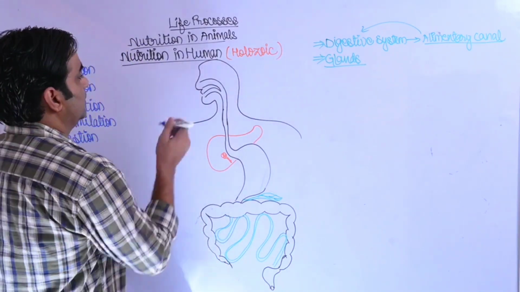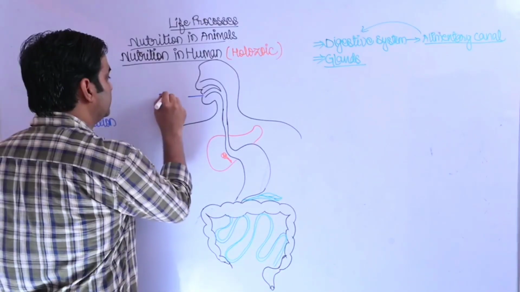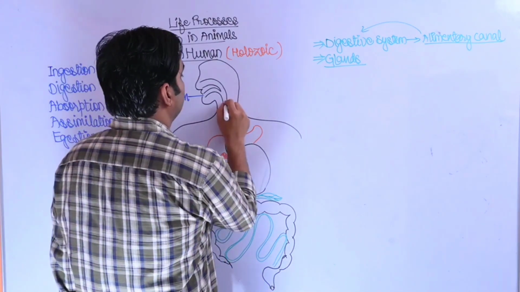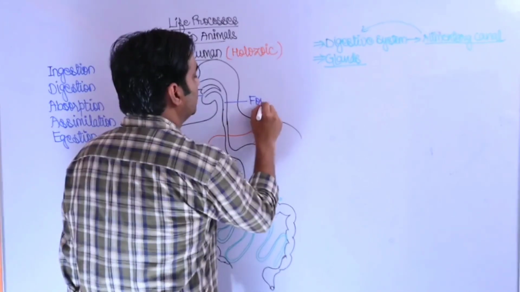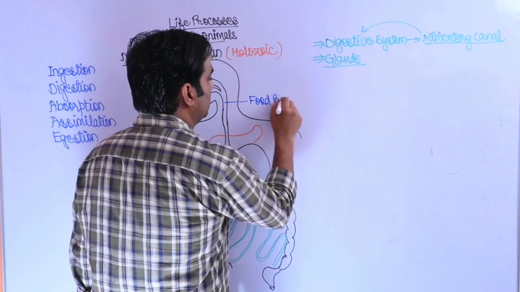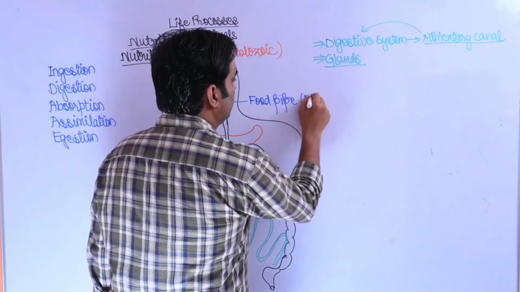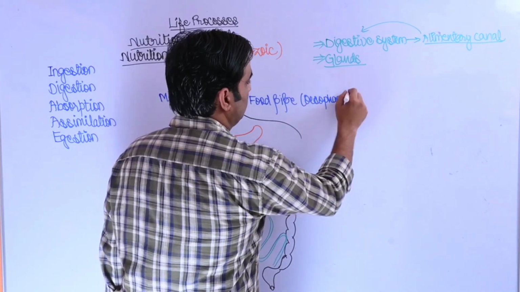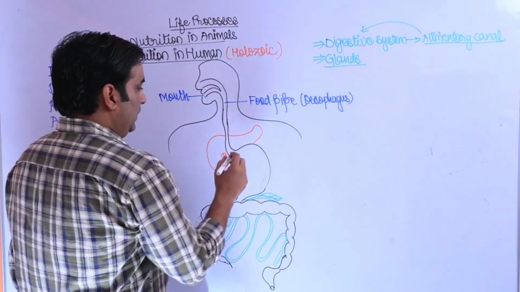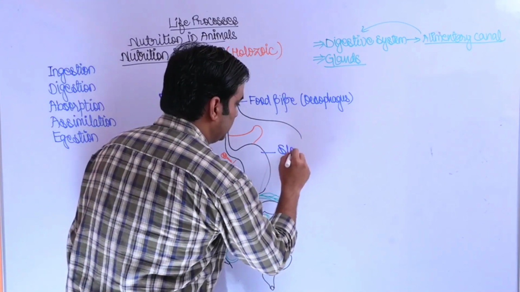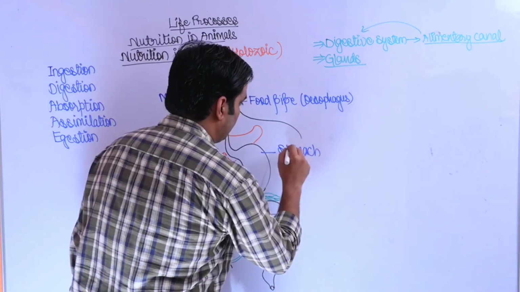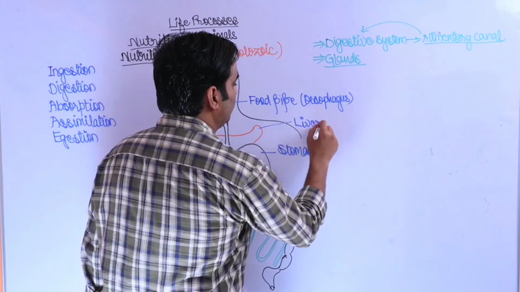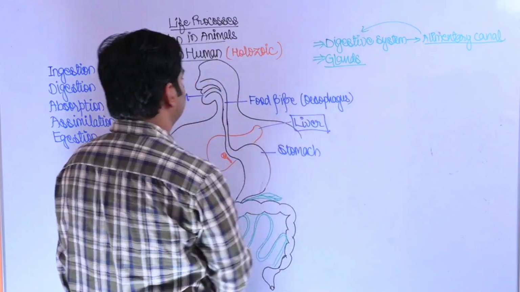This is called mouth, which opens into a cavity called the mouth cavity. This is the food pipe, which is also known as esophagus. This is the stomach. This is the liver, a gland.